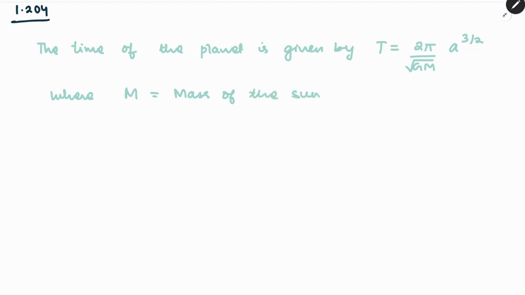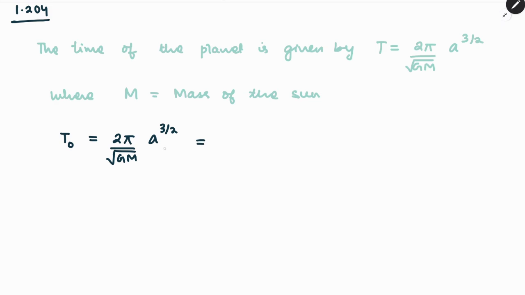So over here if we consider that this is the original time period value, I am writing T naught equals 2 pi by root over GM, a to the power 3 by 2.